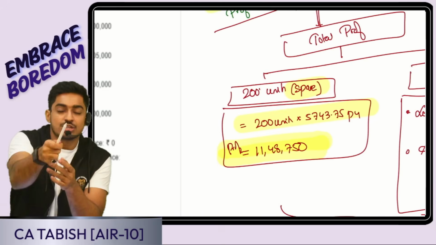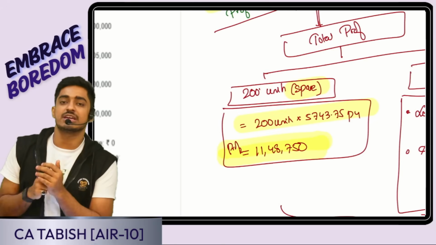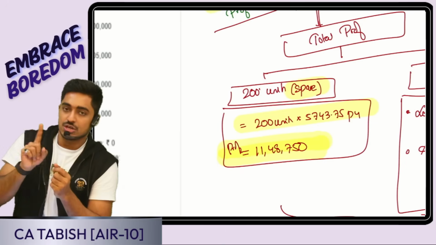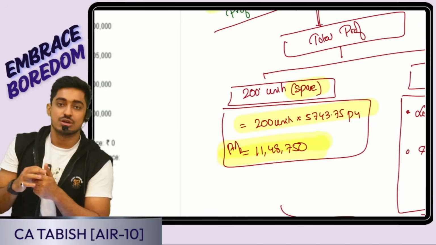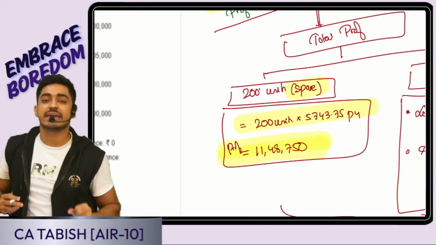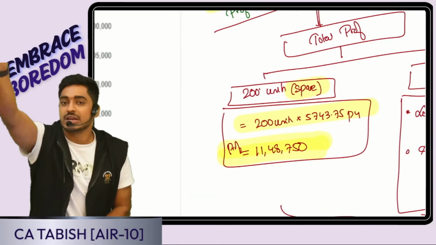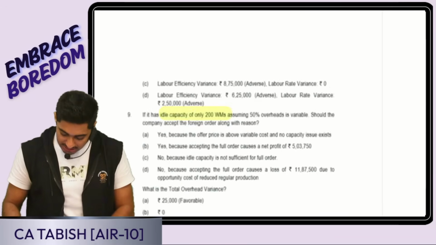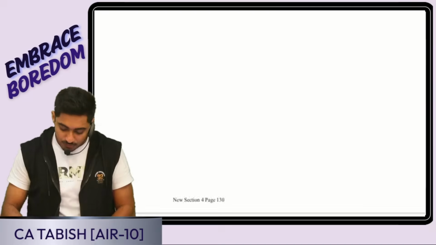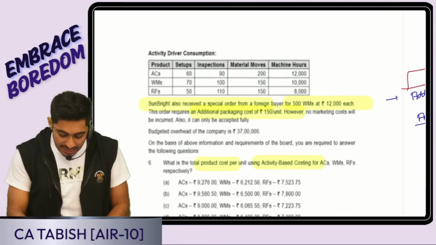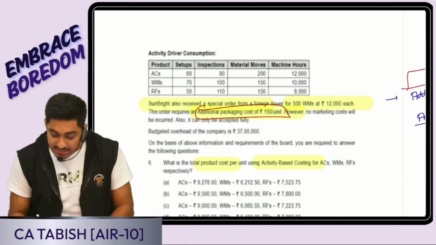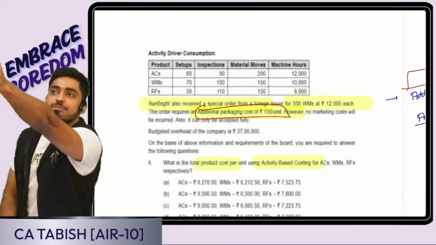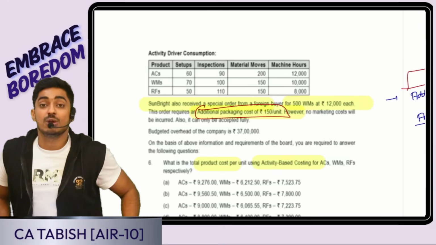Same product only, sir. You are giving 14,000. The foreign customer is giving 12,000 only. So that means I have a 2,000 loss per unit. Yes or no? That is one loss. Second loss: for you, extra packaging was not required. But for the foreign customer I should do extra packaging, because the question tells us that for the foreign customer there is extra packaging of 150 rupees. That means instead of selling 300 washing machines to you, if I sell to the foreign customer, how much loss am I having?